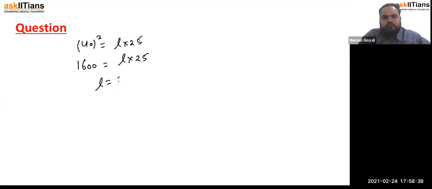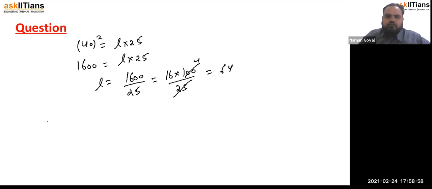So the value of L is 1600 upon 25. If you see, 1600 can be written as 16 into 100 upon 25. Now you cancel out this 25 by 4 times. How much did you get? 16 into 4 is 64.